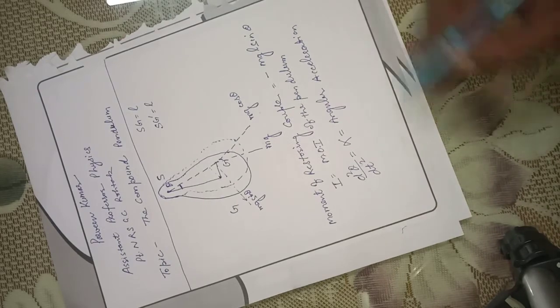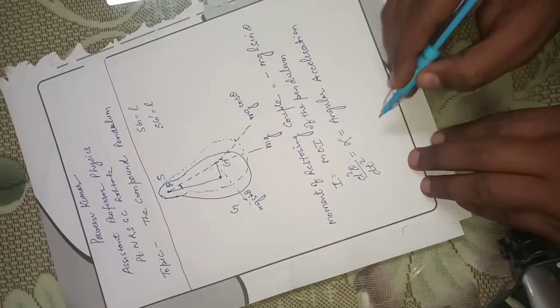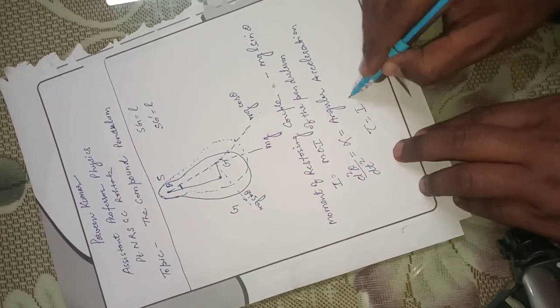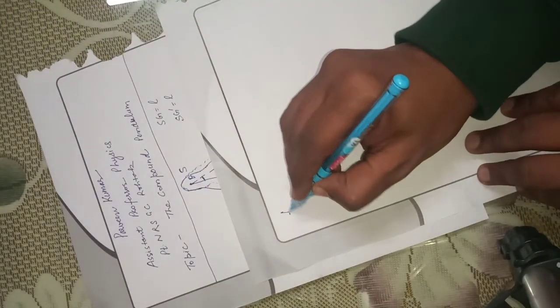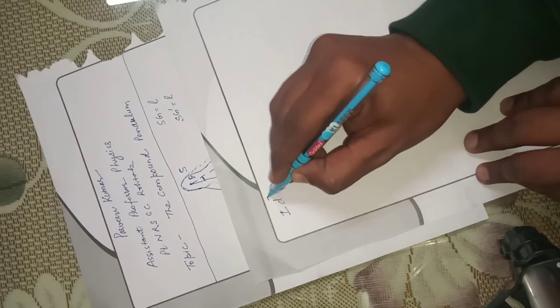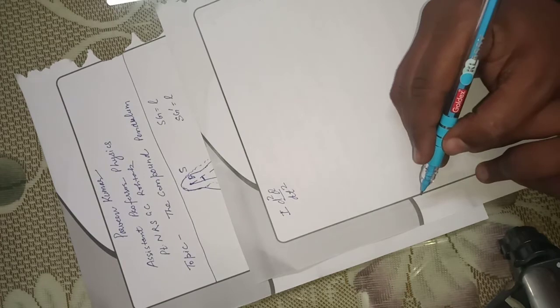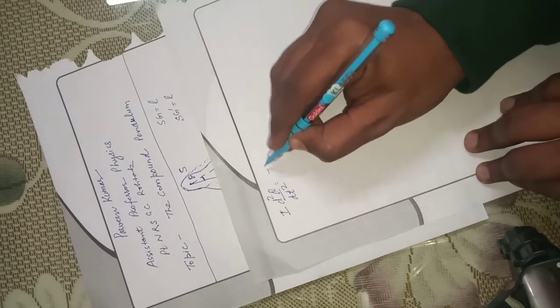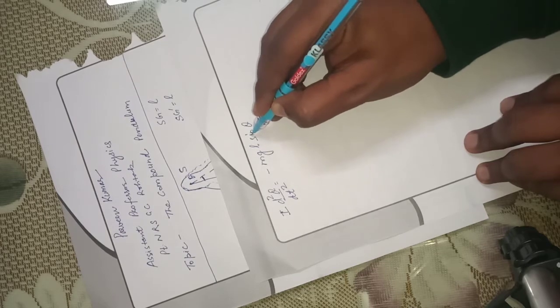We know that torque is equal to I alpha, where alpha is d square theta by dt square. So I d square theta by dt square is equal to minus mgL sine theta.